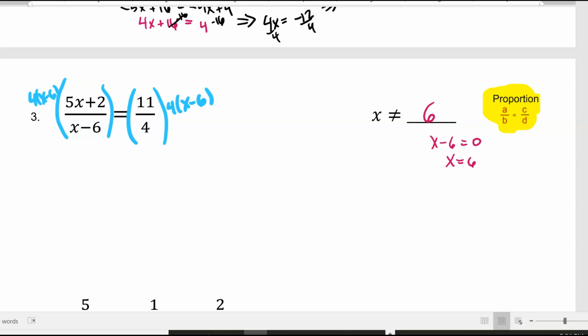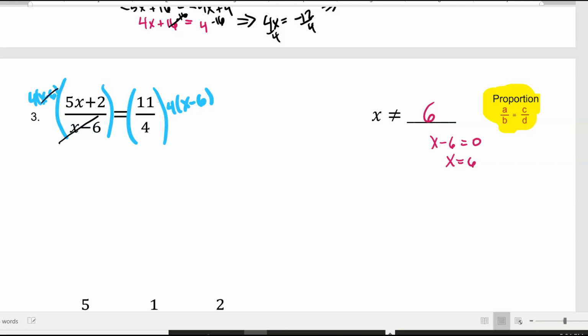That's why you see extra in extraneous solution, that actually doesn't work. So if we got an answer of 6, then we conclude that there is no solution that works for this problem.